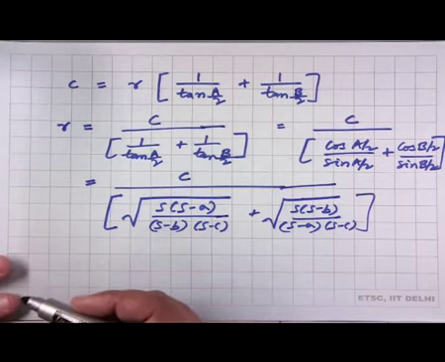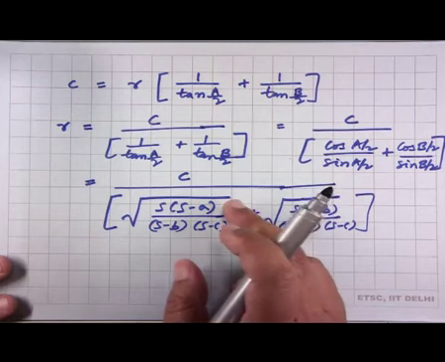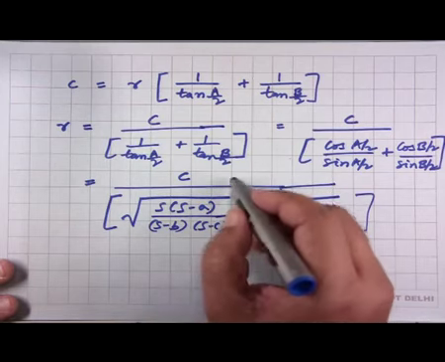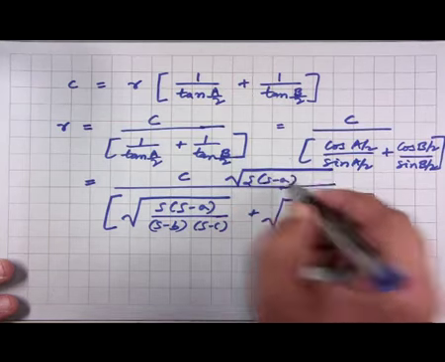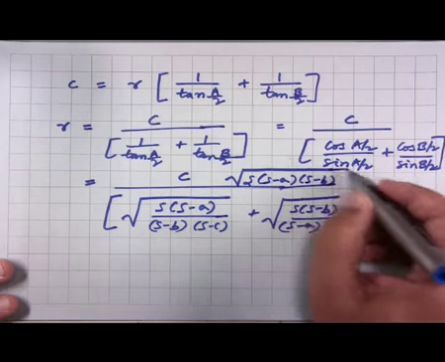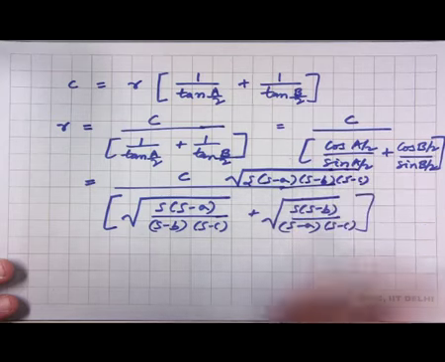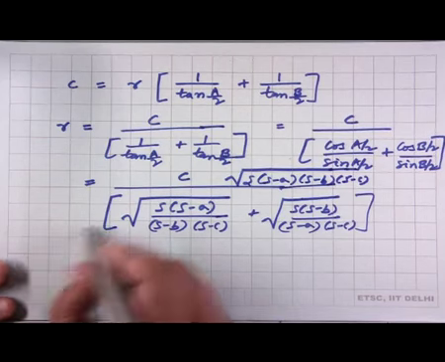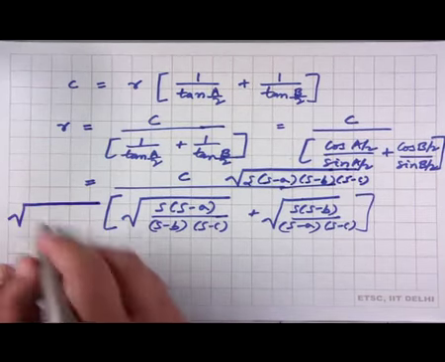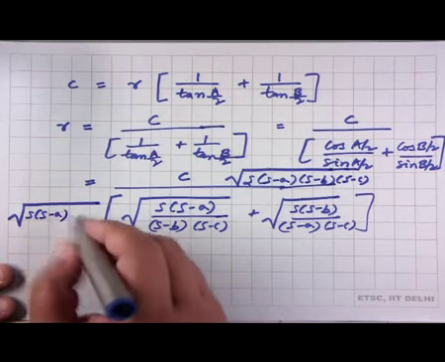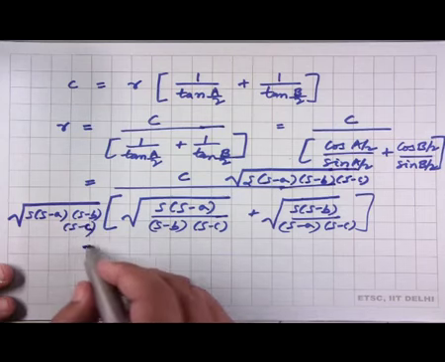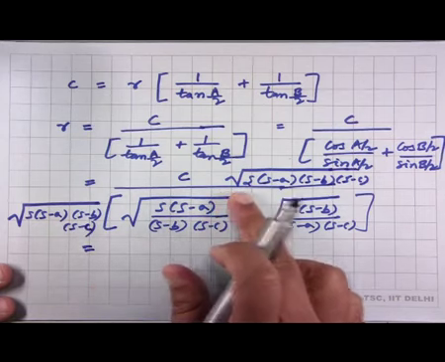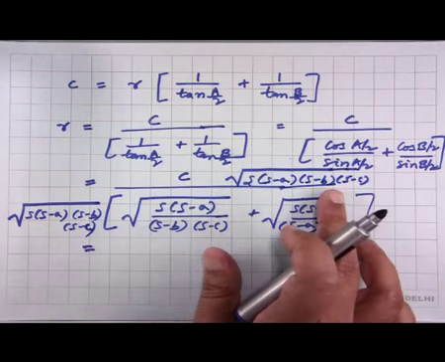And let us multiply and divide both the numerator and the denominator with square root of s into s minus a into s minus b into s minus c. So, we multiply that in the denominator also. And remember that this square root of s into s minus a into s minus b into s minus c is nothing but the area of the triangle.